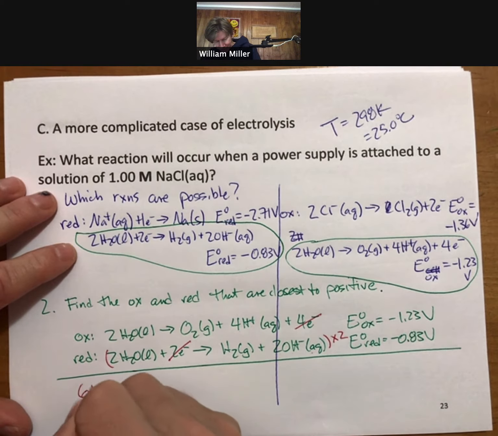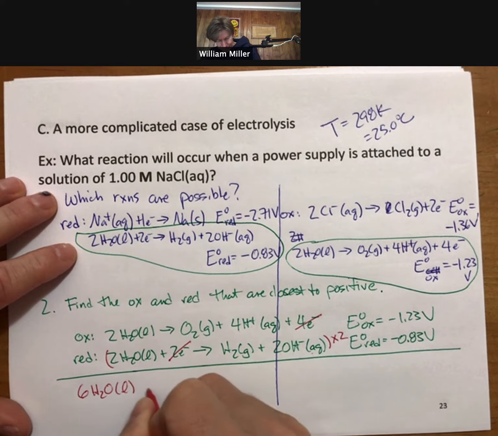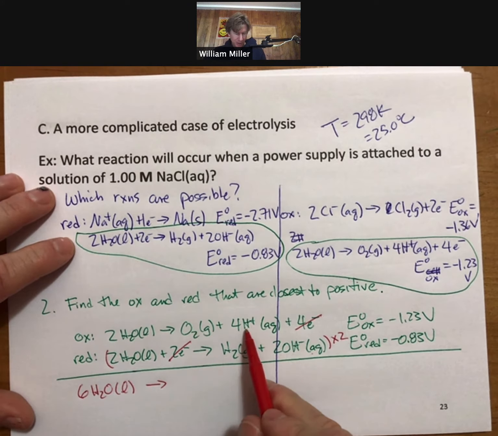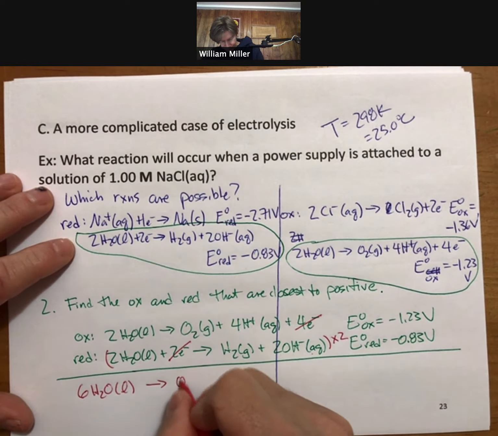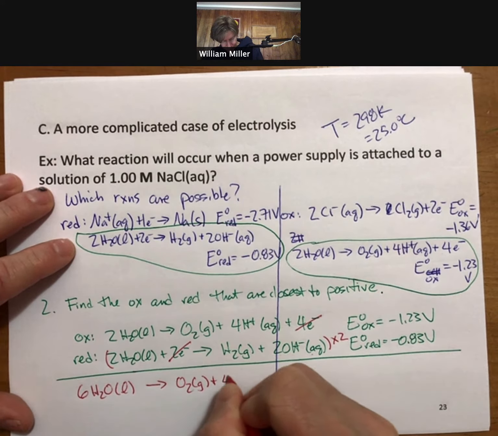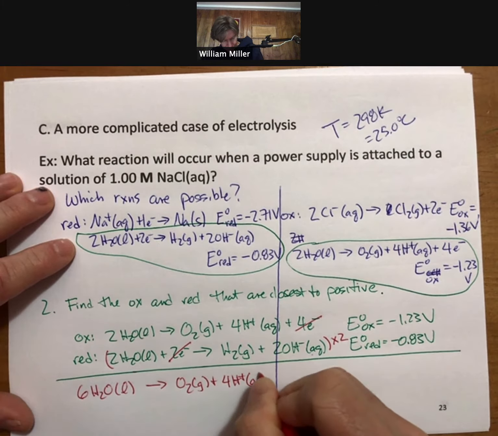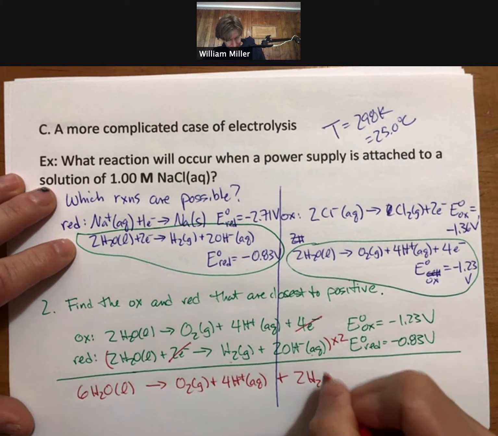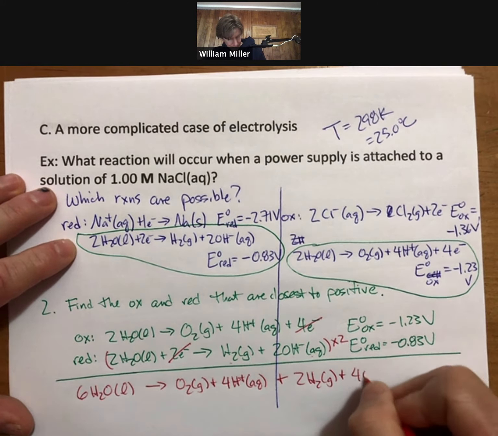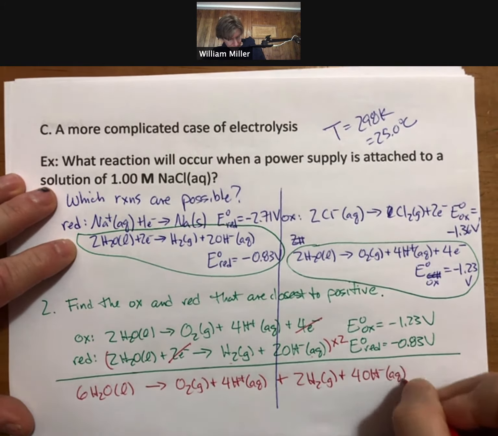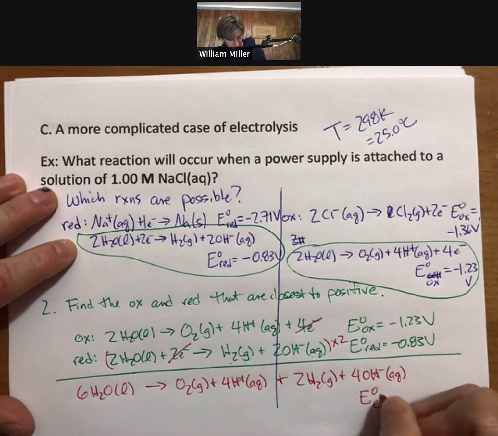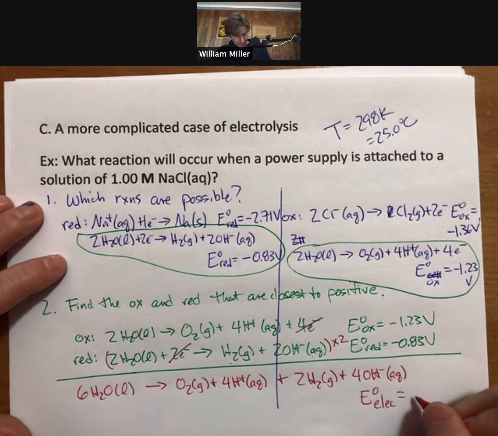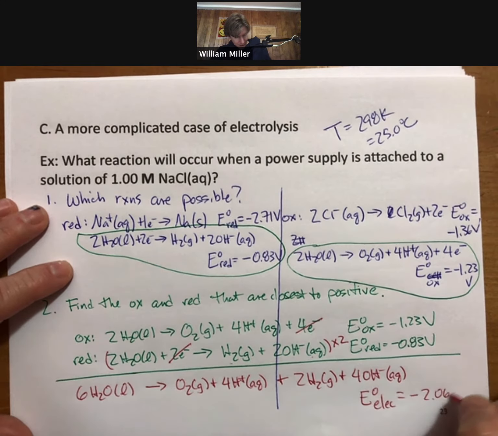I get 6 H2Os goes to oxygen plus 4 hydrogens plus 2 hydrogens, for an electrolytic cell potential of minus 2.06 volts.